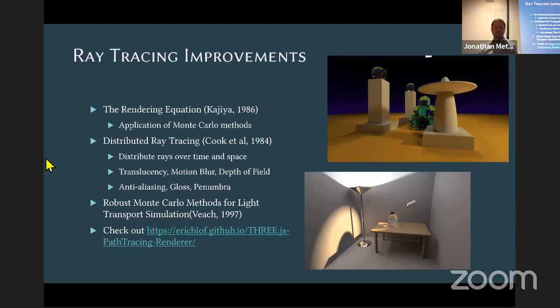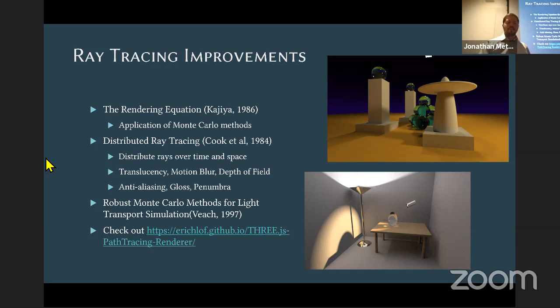So after Turner Whitted said, let's just do everything, we see some improvements with the introduction of the rendering equation from Kajiya and distributed ray tracing with Cook and a few others in the mid-80s. One of them is, let's approach ray tracing using Monte Carlo methods from physics. And Cook was working on how do you get better images, that have more interesting stuff associated with them.